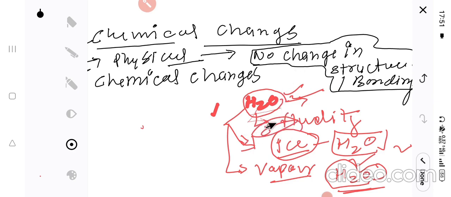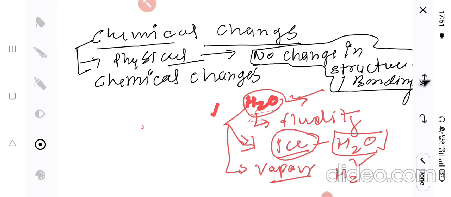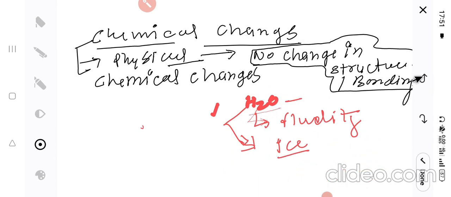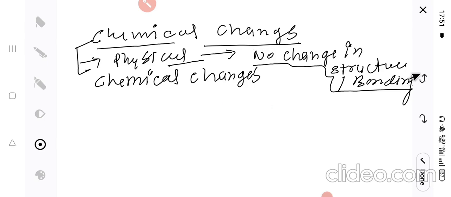Another is chemical changes. Chemical changes means a type of change in which the molecular structure changes, or we can say that a new substance is formed.